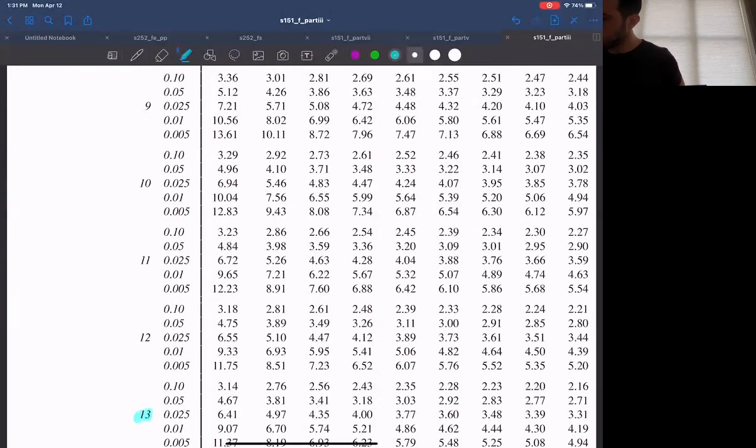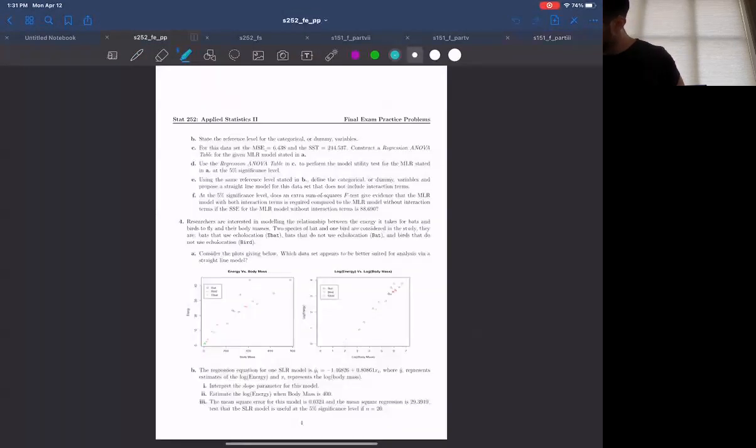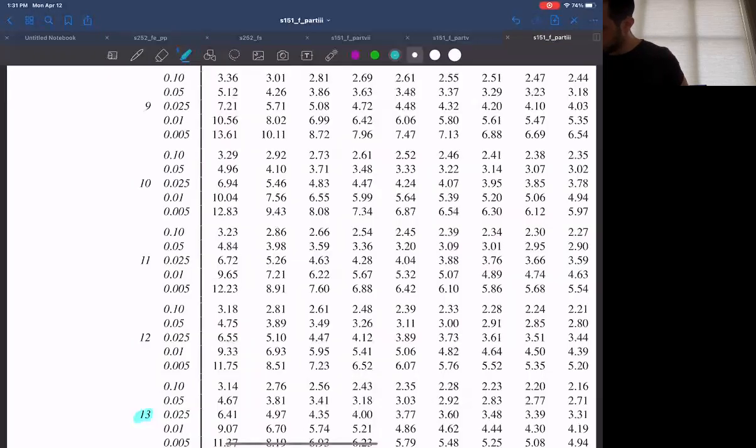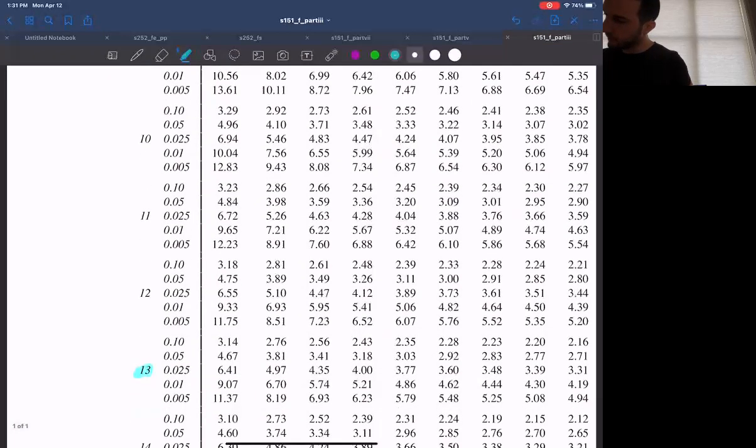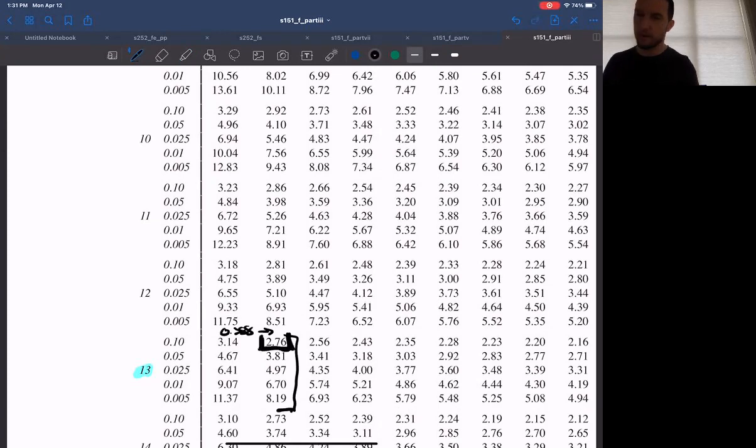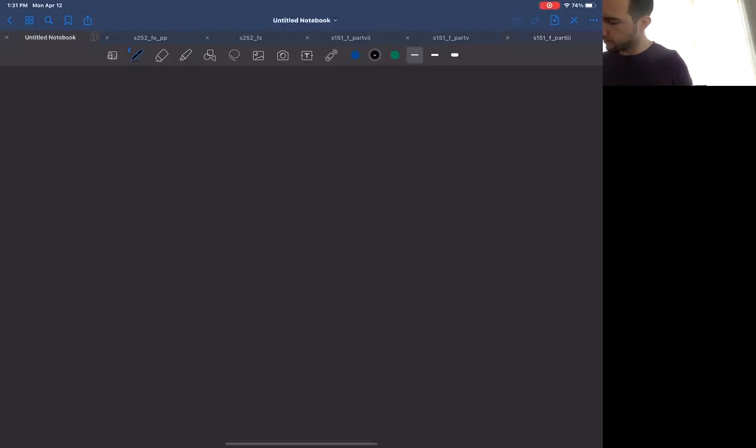We're testing at the 5% significance level. So we're working with this block of numbers. You can see that our F statistic is smaller than the smallest listed value, which means that our p-value must be greater than 0.1.